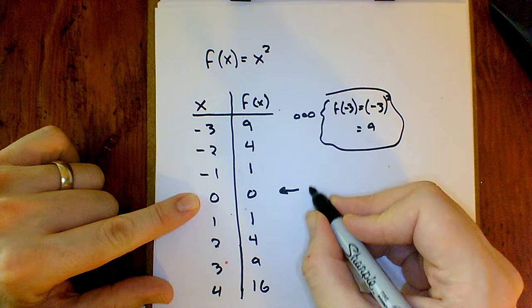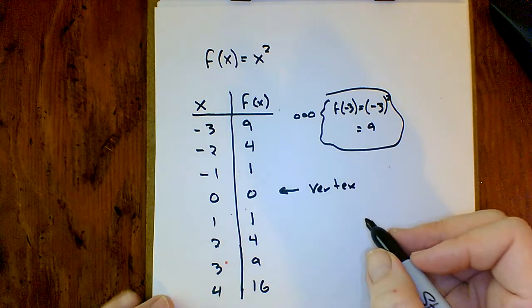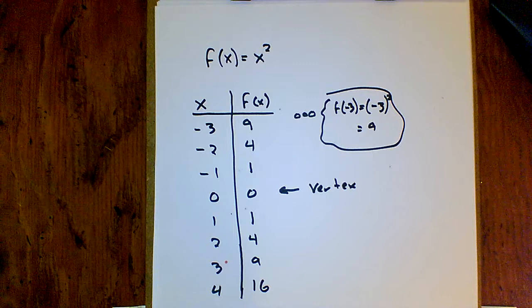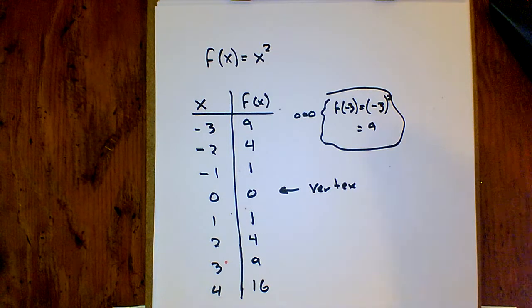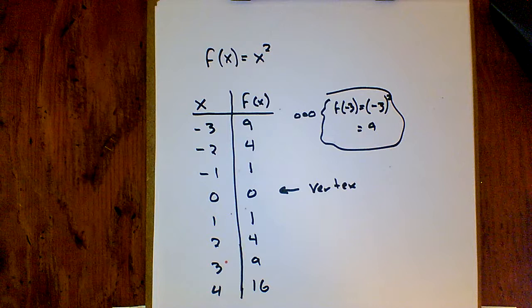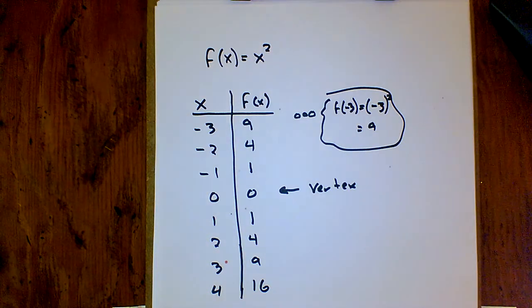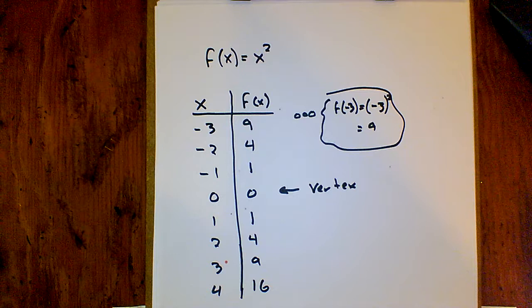This point right here is called our vertex. And something kind of cool happens when we graph a parabola. And this is a really, really useful pattern that's going to pop up all over in all of our quadratic functions.